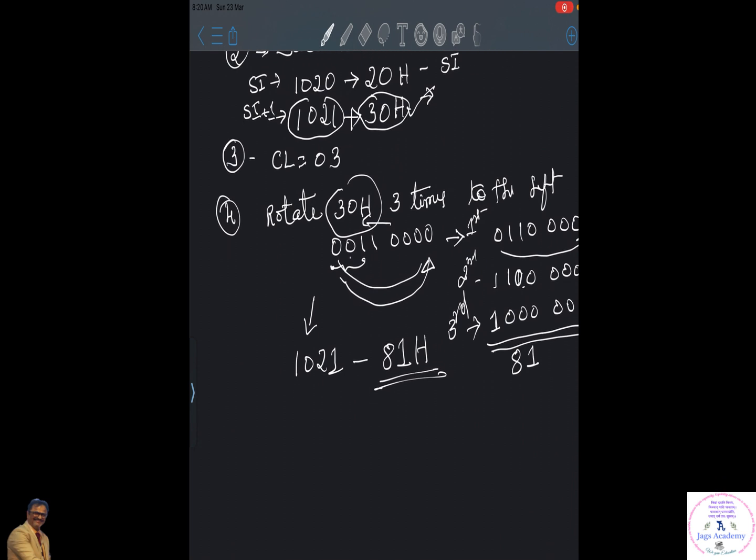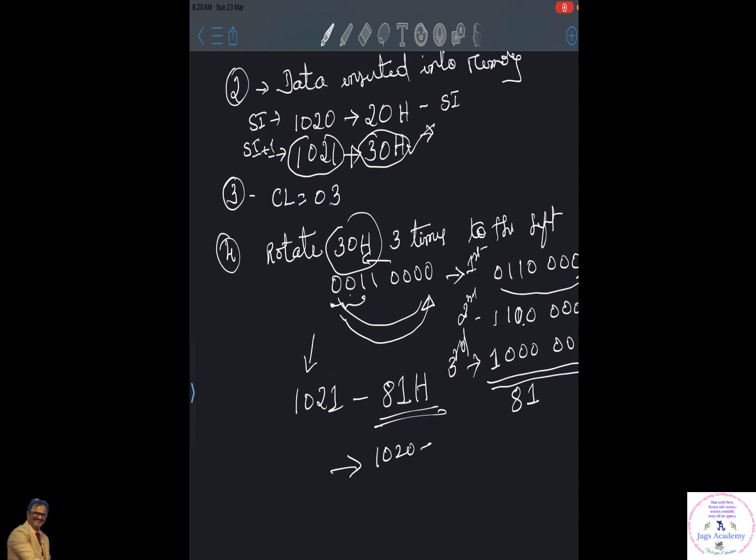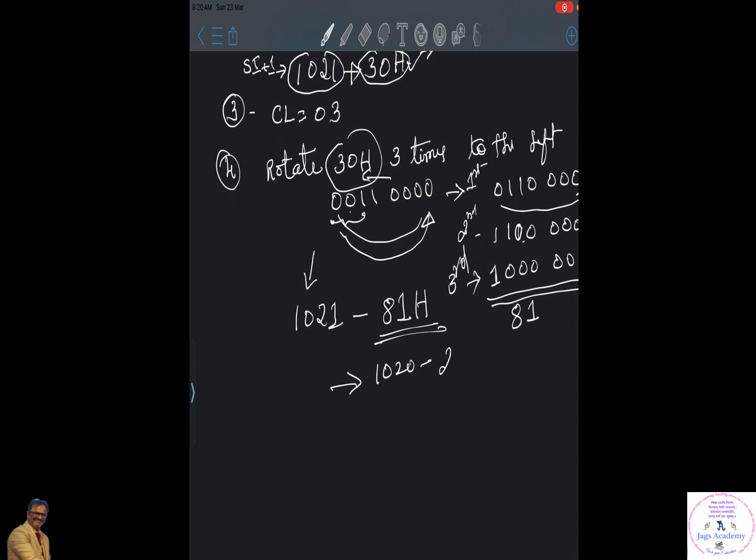So what is there now in memory offset address 1020? You still have 20H, the lower byte. Then in 1021, the data has changed. You rotated it by CL times, and you have 81H here. Now this data is moved to the BX register.